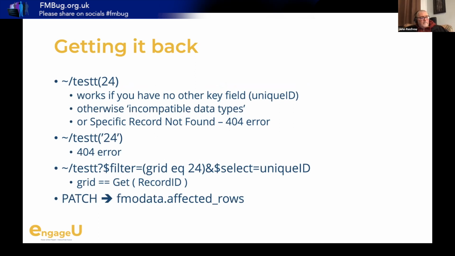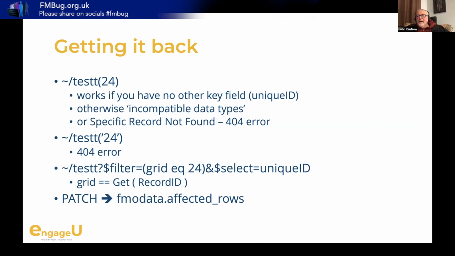That works if you have no fields in your table that are set up as key fields, or that OData can see as a key field. And that's not just about whether it's got a unique ID calculation. It's also that it's set up with validation as unique. And I think there's one other thing.